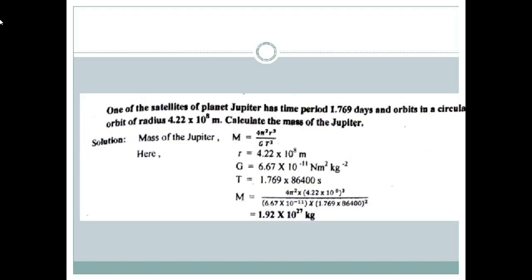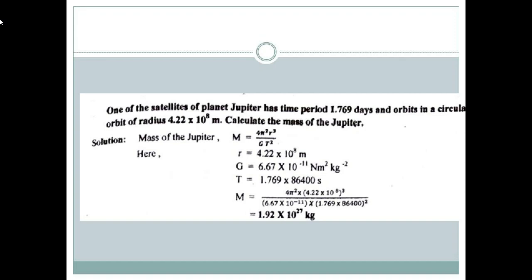One of the satellites of planet Jupiter has a time period of 1.769 days and orbits in a circular orbit of radius 4.22 × 10^8 meter. Calculate the mass of Jupiter. The mass of Jupiter is given by capital M equal to 4 pi square r cube upon G into T square. They already gave r equal to 4.22 × 10^8 meters.